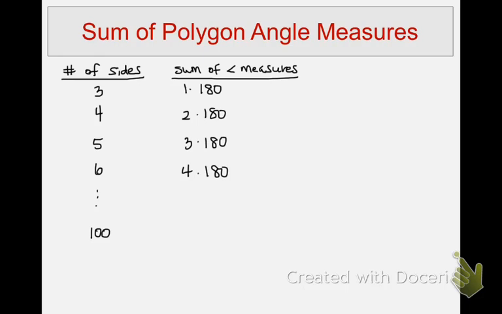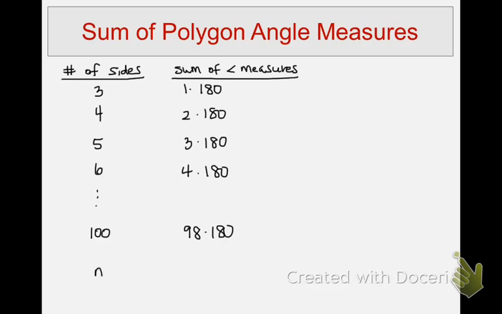So what do you think you're going to do to find the angle measure for 100? 98, right? You're going to subtract 2, and you're going to take 98 multiples of 180. See what I'm saying? So what do you think your general formula is for any n-sided figure?